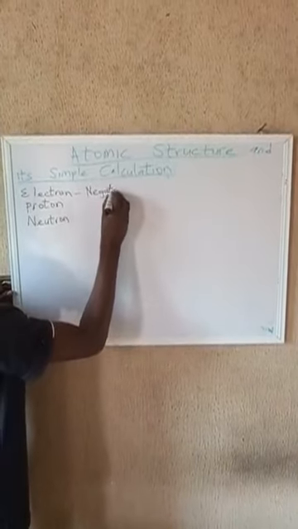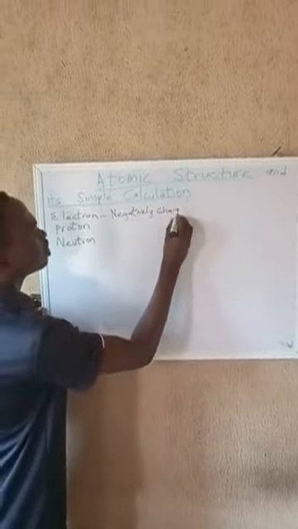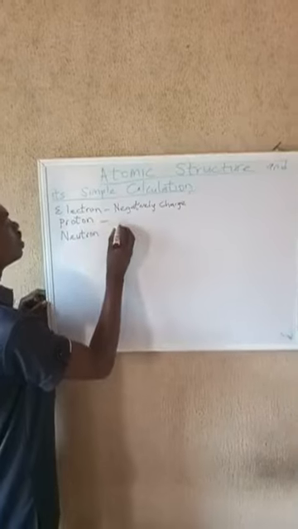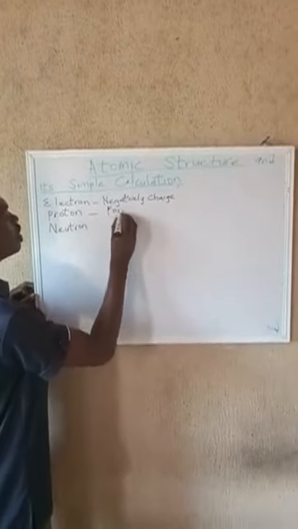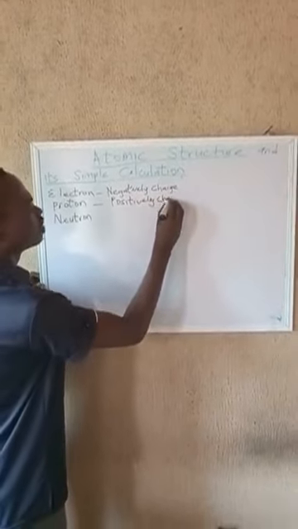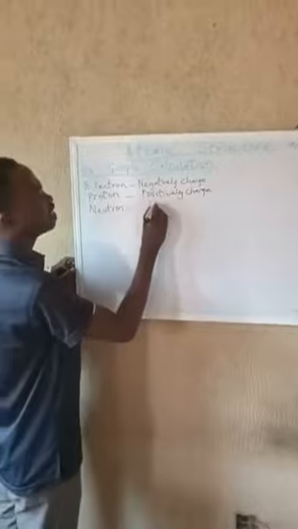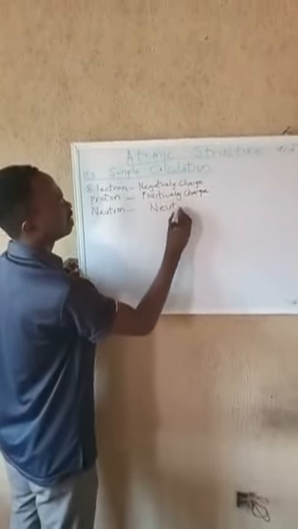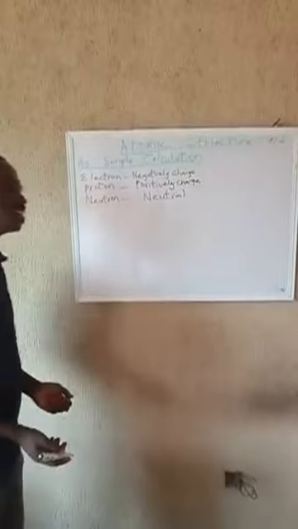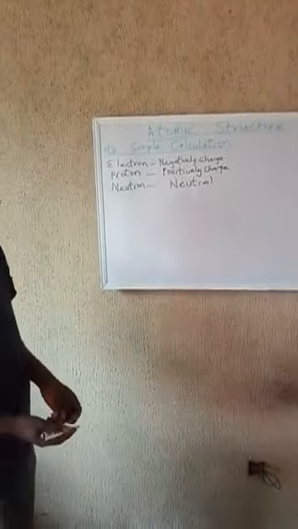The proton is positively charged, while the neutron is neutral. It is neither positively charged nor negatively charged.